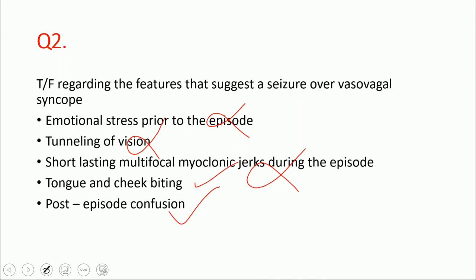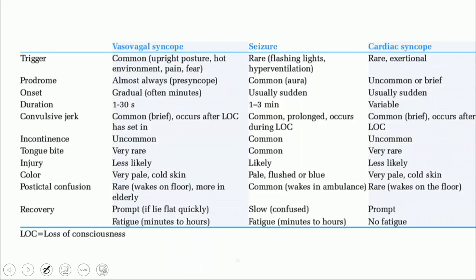So this happens in crowded environments, and also these abnormal, large-volume thrusting movements are very typical. Okay, so that's a comparison when it comes to the differential diagnosis for a seizure.